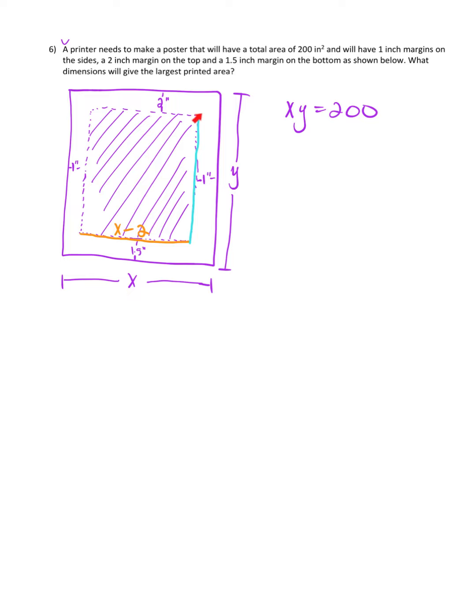So I just need to subtract the 2 inch margin and the 1.5 inch margin from the top and the bottom. That's 3.5 total inches, which means that this is Y minus 3.5. So the area I want to maximize is X minus 2 times Y minus 3.5.